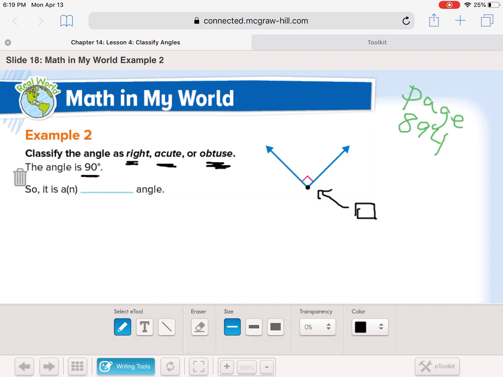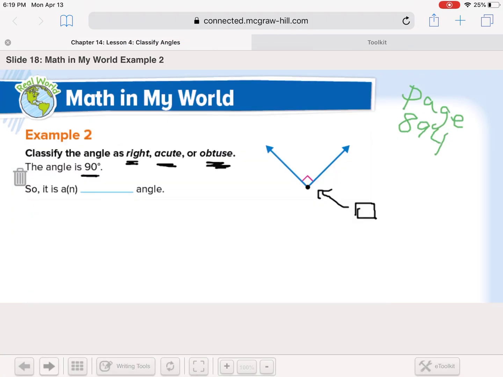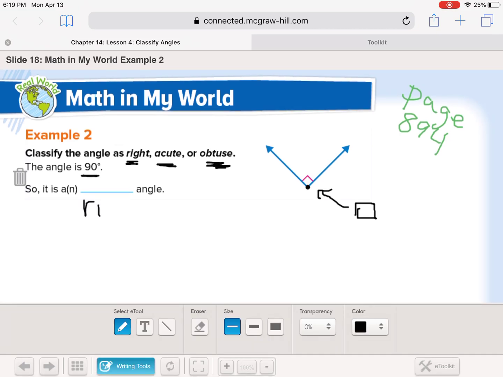If I think back to my key concepts, a right angle measures 90 degrees. Hey, the angle is 90 degrees, so it is a right angle. The reason why it's a right angle is it makes that L shape, and it also is 90 degrees. And it told me that because it made that little square inside the angle.